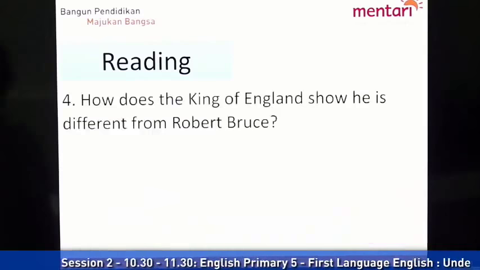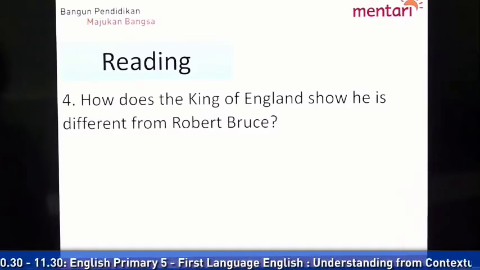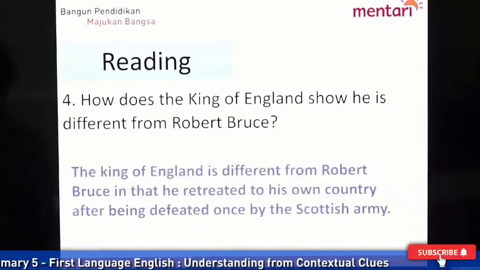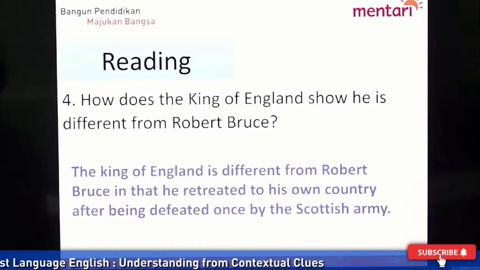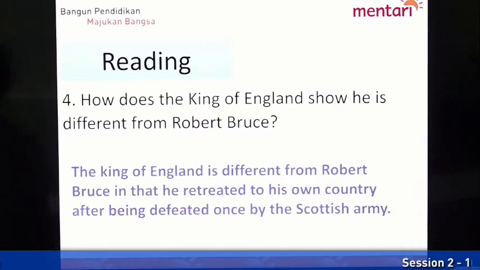Number 4. How does the King of England show he is different from Robert Bruce? The King of England is different from Robert Bruce in that he retreated to his own country after being defeated once by the Scottish army.